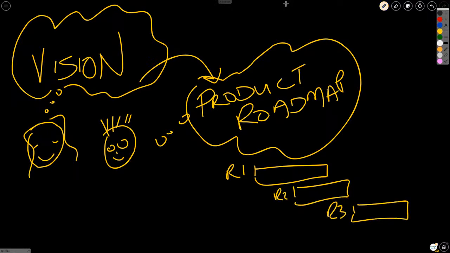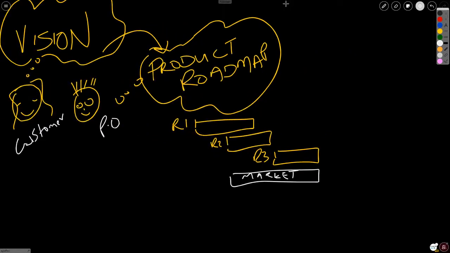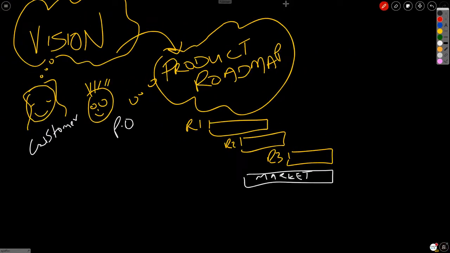Maybe there's some marketing work that needs to happen as well, and partnering and all that kind of stuff. So at the end of the day, the product owner understands what the customer or stakeholders, if you wanted to call them that, want. Remember, in your product roadmap, you have a high-level view of what the releases could be.